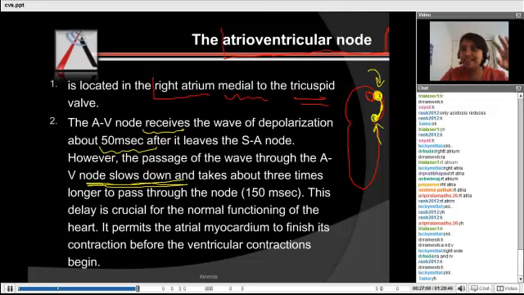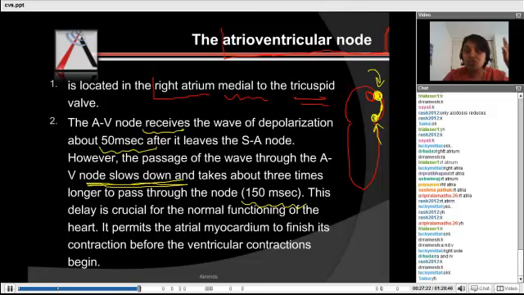So the node is acting as a barrier. The SA node sent the impulse to the AV node within 50 milliseconds, but the AV node is such a lazy fellow. It is slowing it down. It takes 150 milliseconds to let it pass through the node.